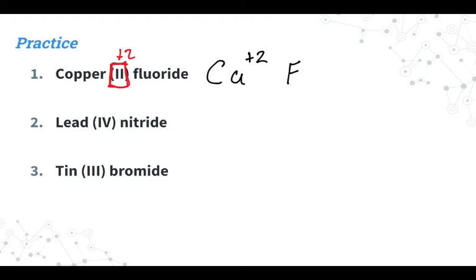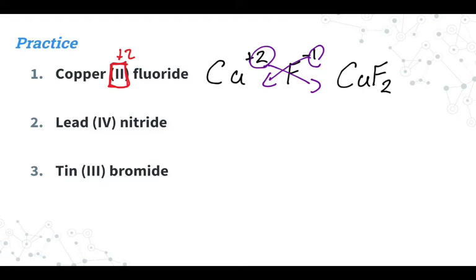On the periodic table, fluorine has a -1 charge. From here, we're able to cross our numbers, and what we get is CuF2. That will be our formula for copper(II) fluoride.